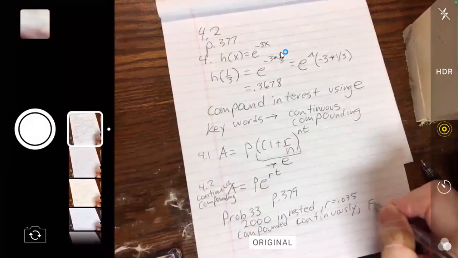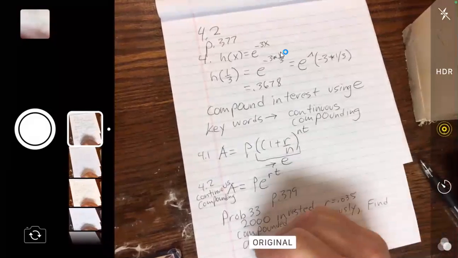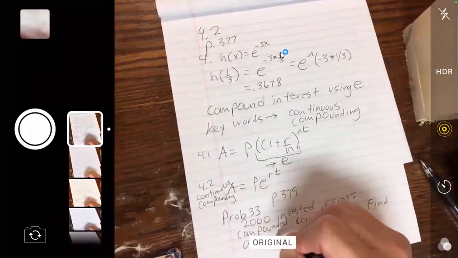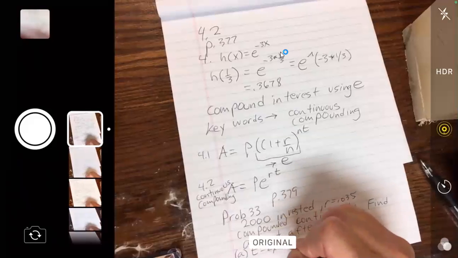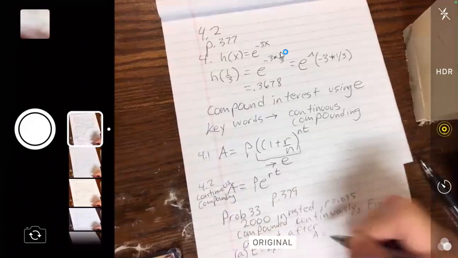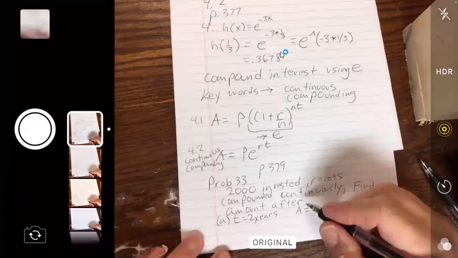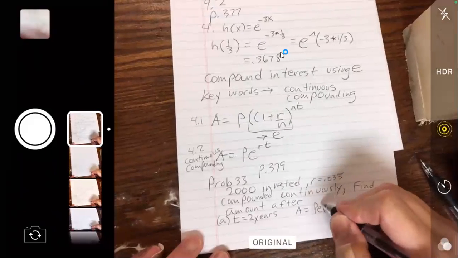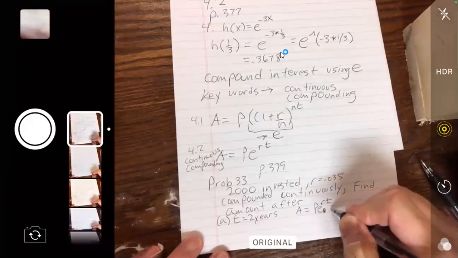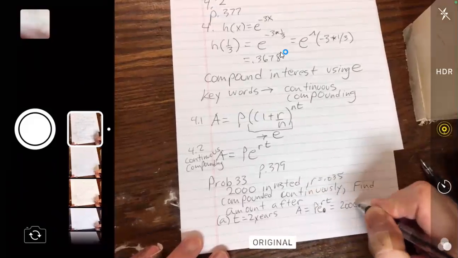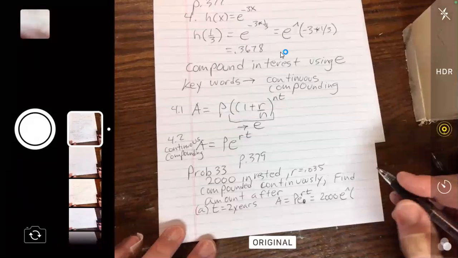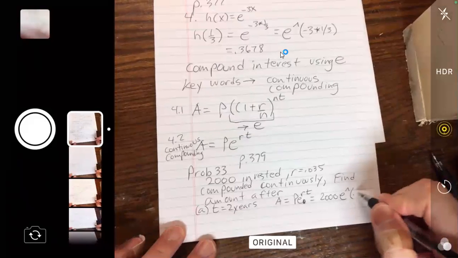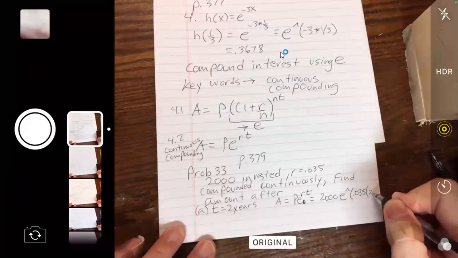Find the amount after, and part A is T is 2 years. That would be, again, P e to the RT. 2000 e, get your exponent, put this in parentheses, 0.035 times 2.